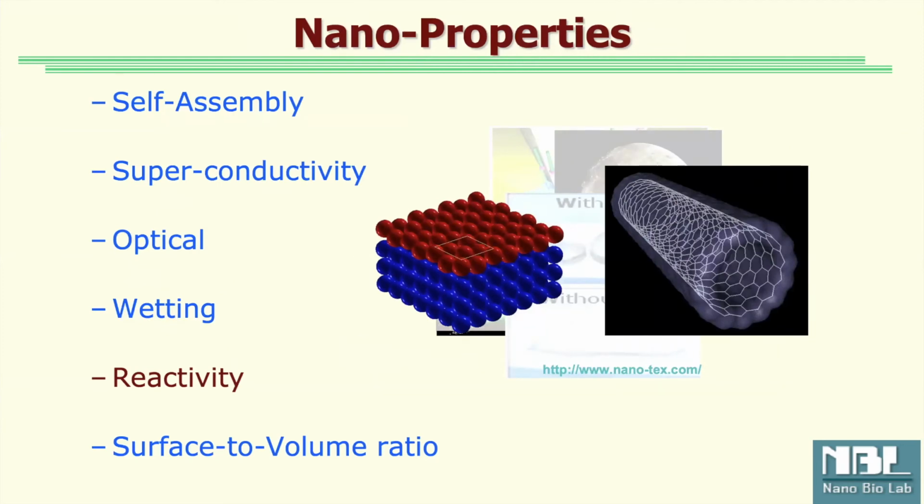Reactivity. Now that's an interesting concept because that leads into the next one as well. If you have a big block of, say, butter, and you put it into your pan and you want it to melt, it will take much longer than if you cut that butter block into smaller pieces.